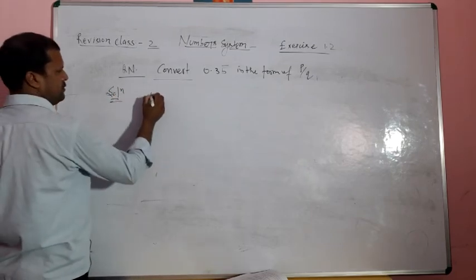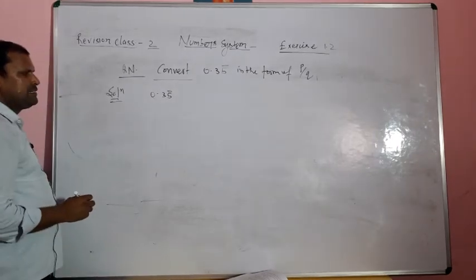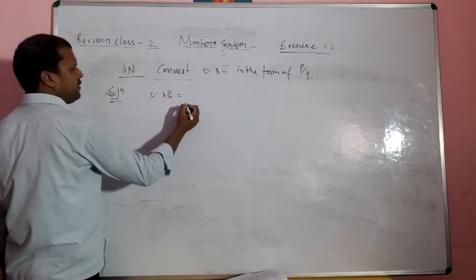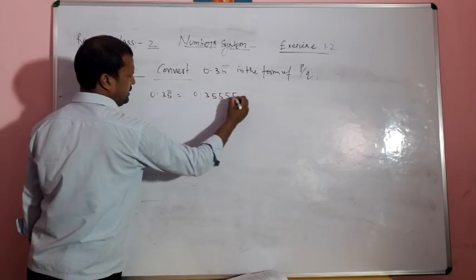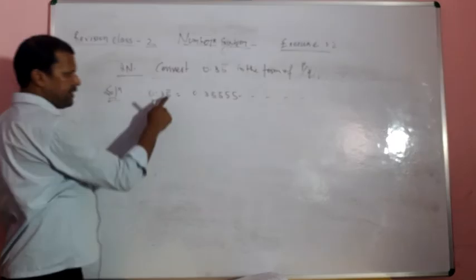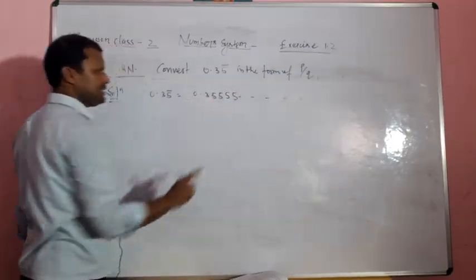Solution: 0.35 bar means 0.35555... Since the bar is only on the 5, the digit 5 is repeated only. Okay, now the solution.